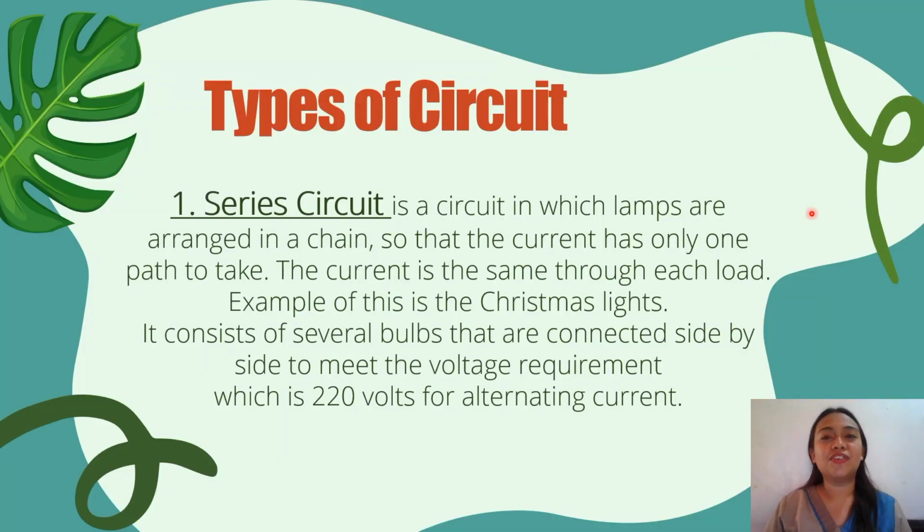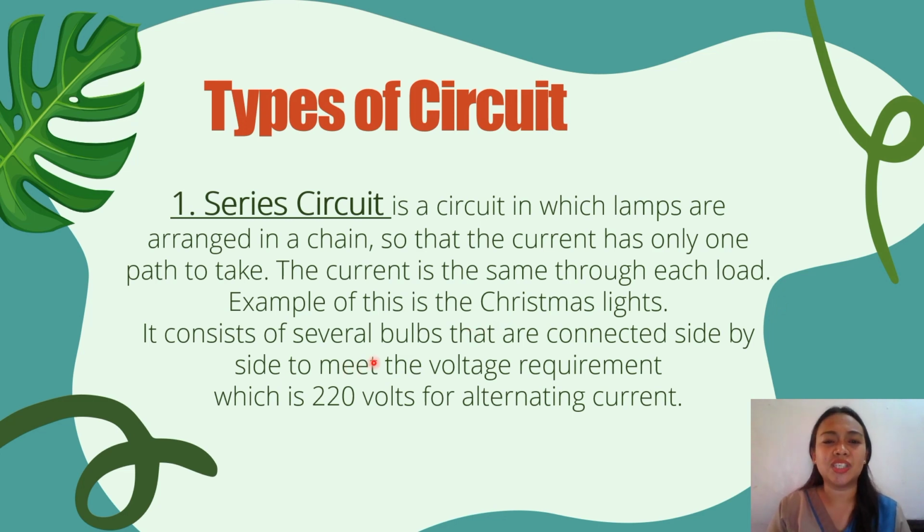Moving on with the different types of circuit. So, we have two types of circuit. The first one is the series circuit. Ano nga bang series circuit? So, it is a circuit in which lamps are arranged in a chain so that the current has only one path to take. The current is the same through each load, and an example of this is Christmas light.